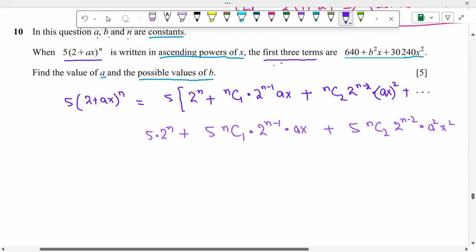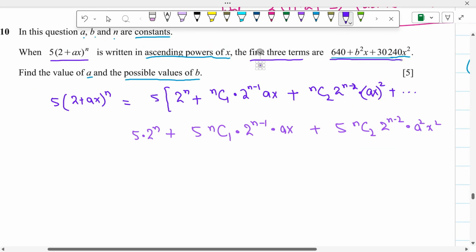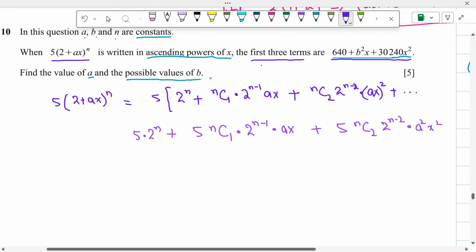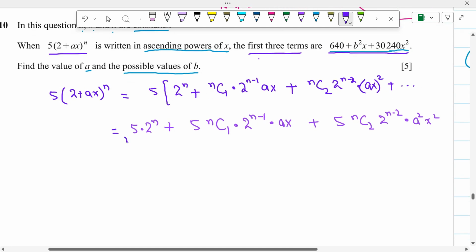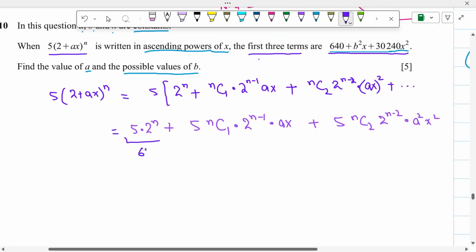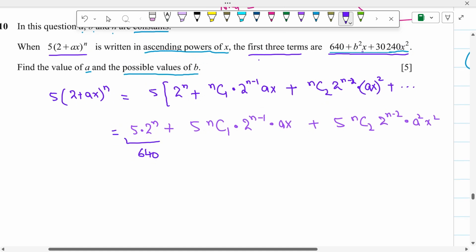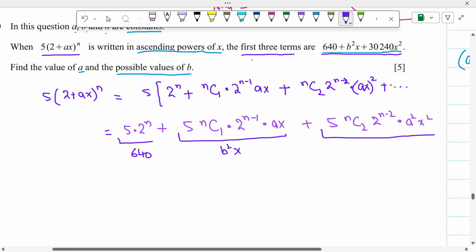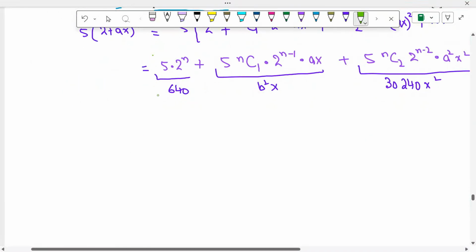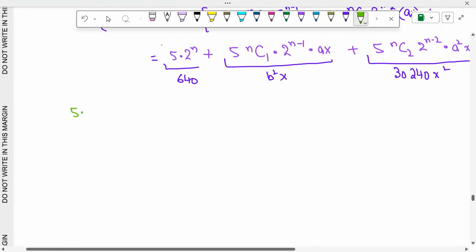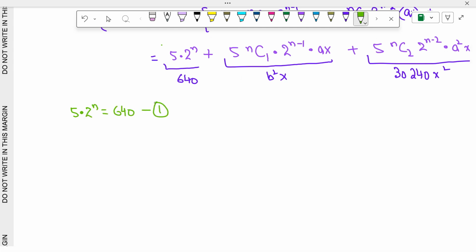We need to compare with the given three terms so that we can find the values of a and b. So the first term is equal to 640, the coefficient of x is equal to b², and the third term is equal to 30,240x². Now, we will have 5^n equal to 640, equation 1.